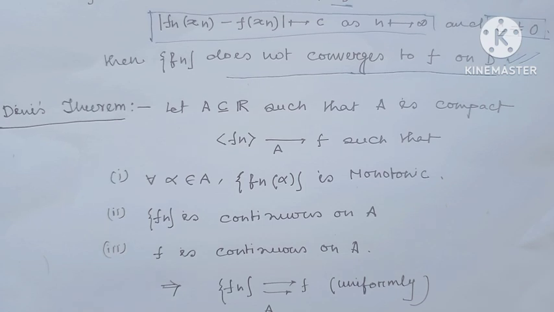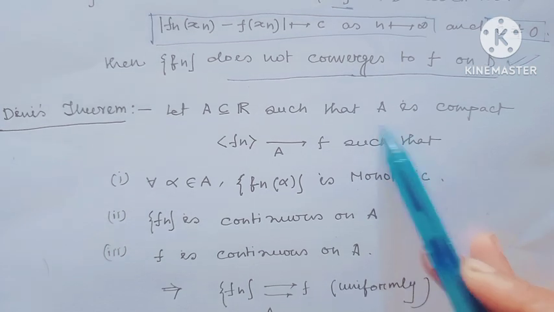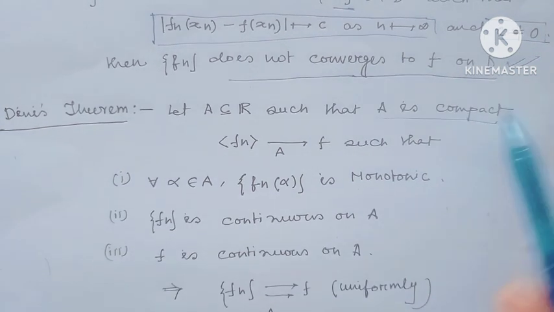Dini's theorem is: let A be a subset of R such that the set A is compact.